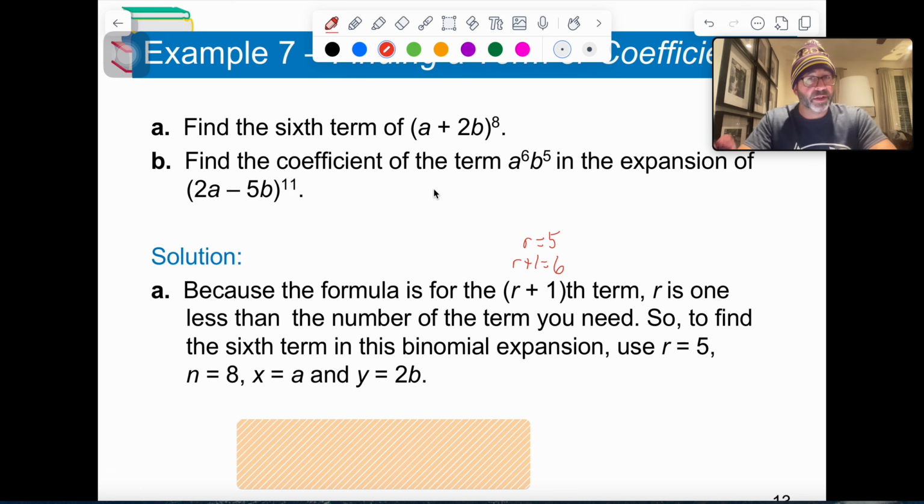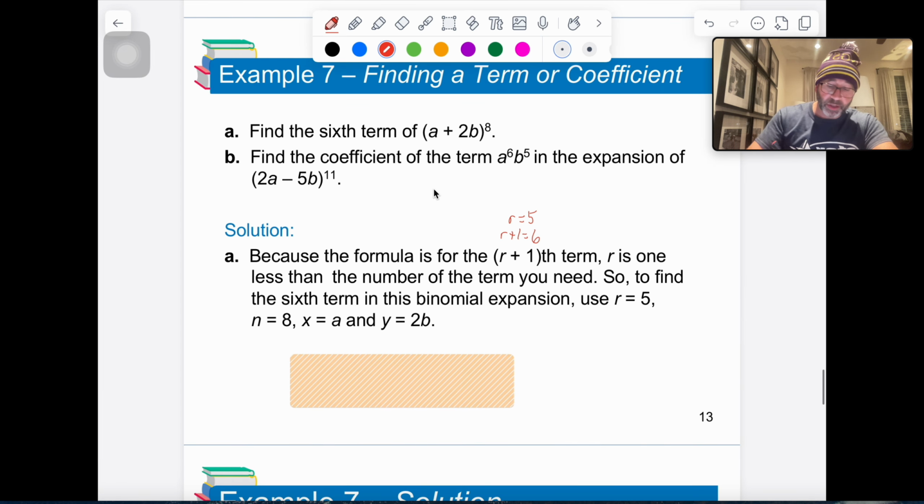Okay, now bear with me. It says 6th term, my r value is going to be 5. It's always going to be one less. So to find the 6th term in the binomial expansion, we're going to use that formula. When you look at this, there are 8 for the n. So it's going to be 8, C, and then 5.